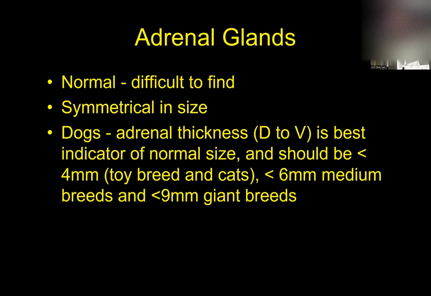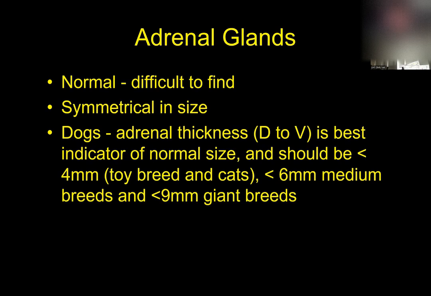When people start learning how to do ultrasounds, and that learning curve, which I said sometimes can be kind of stiff, that's always the king that people want to do. They feel like if I can find the adrenal glands, I'm there. I've learned ultrasound. It's kind of like the last final exam if you can find the adrenal glands. But they're not hard to find.